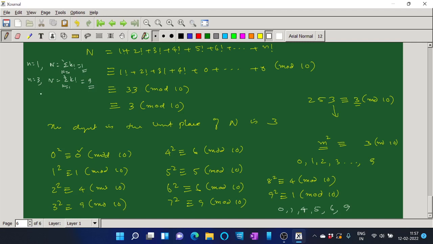So there are only two positive integers n for which sigma k factorial can be a perfect square. They are 1 and 3. Only for n equal to 1 and 3 can this sigma k factorial be a square.